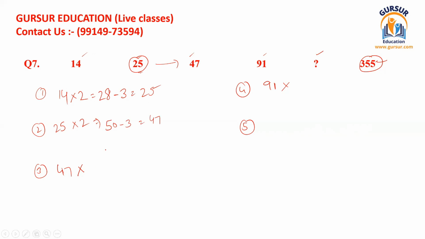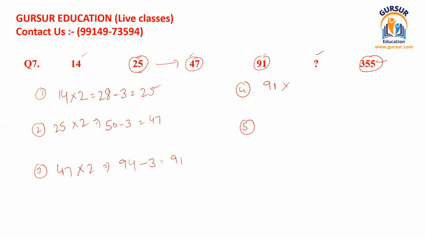Now what should be the minimum value which should be multiplied with 47 so that we get closer to 91? It's again 2. When we multiply 47 by 2, we get the value of 94. When 3 is reduced from 94, we get the value of 91, and that is our fourth figure.